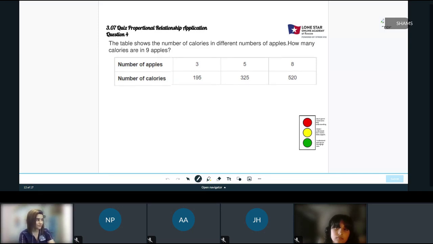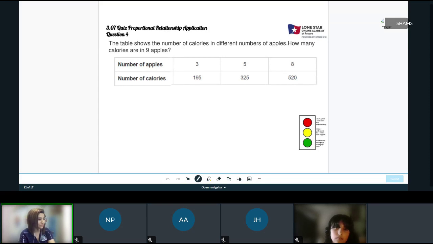Got it? The table shows the number of calories in different numbers of apples. How many calories are in 9 apples? So you have all this information and they want to ask you how many calories.